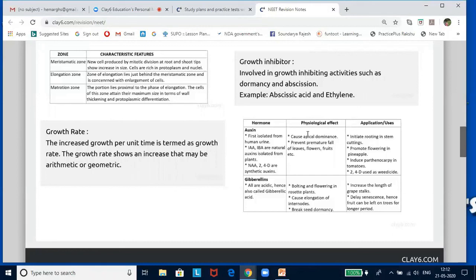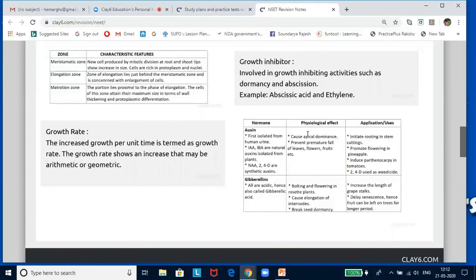Based on the origin and biological activities, plant growth substances are grouped into three: plant growth regulators, phytohormones, and growth inhibitors. Now, a growth regulator is a hormone-like synthetic organic compound. In small amounts, it modifies the growth and development either by promoting or inhibiting the growth.